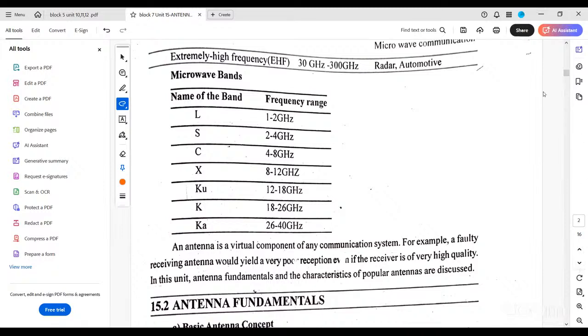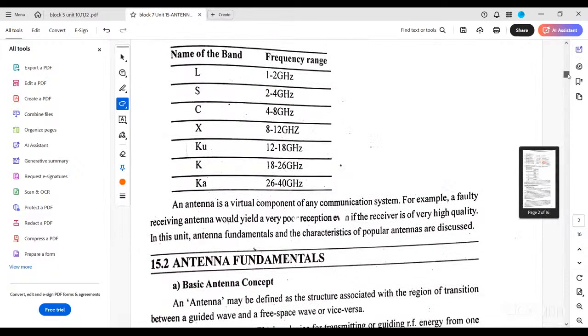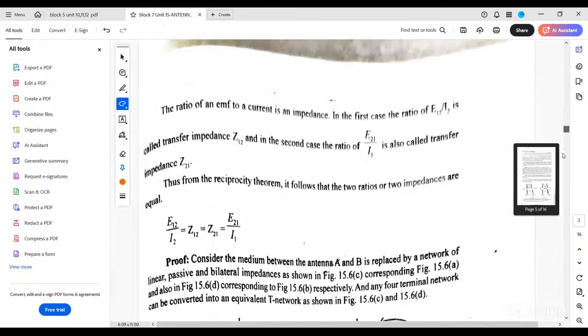Next, online we only discussed the antenna theorem. The antenna theorem is covered both online and offline. Next in this antenna, what is this topic? Gain of the antenna, 15.6. Come to 15.6.